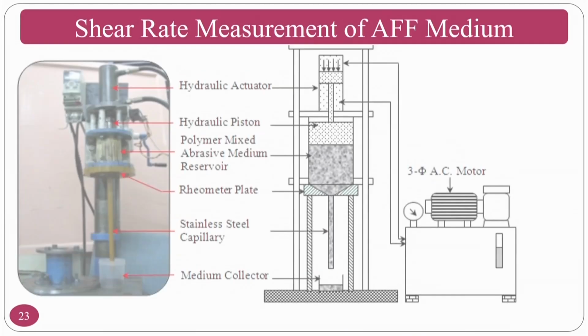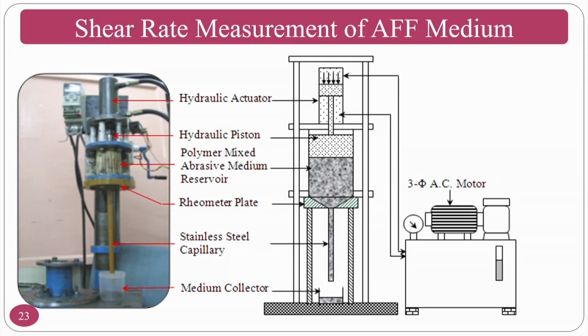So, shear rate measurements. The first and foremost thing that you want to measure is the flowing ability of a medium. So, if I want to understand the apparent viscosity or the shear viscosity or the shear stress of a medium, I should know what is the shear rate at which I want to measure.